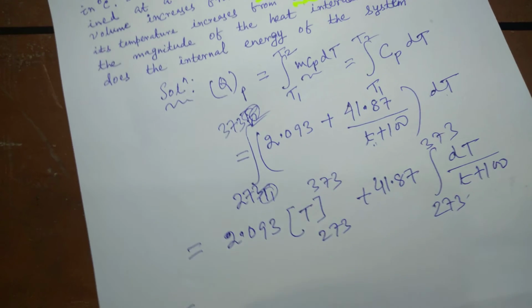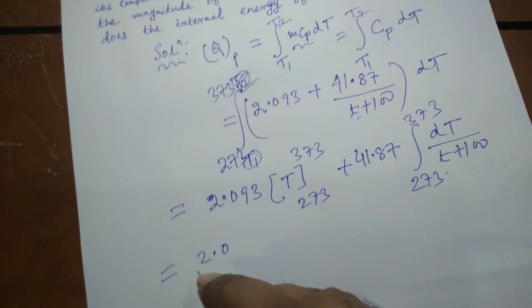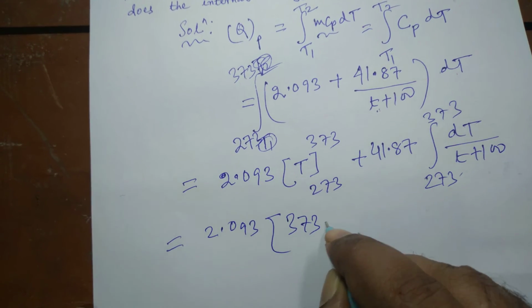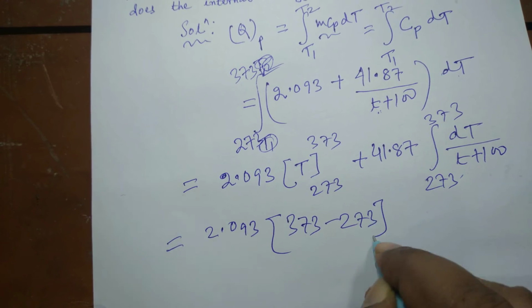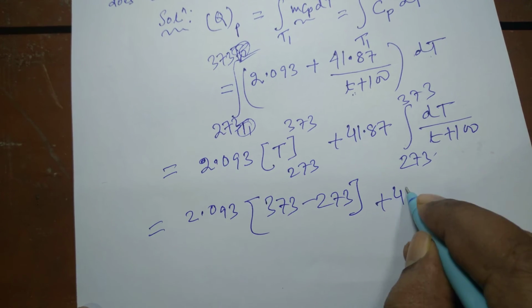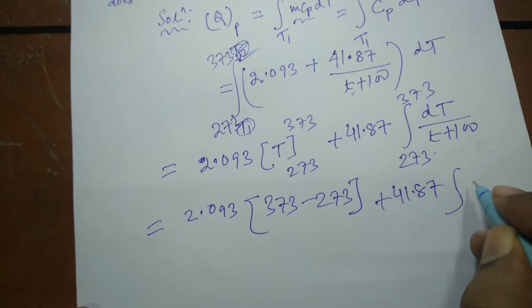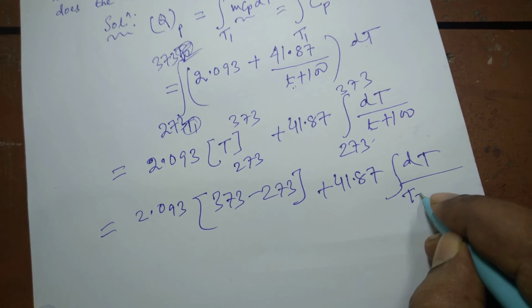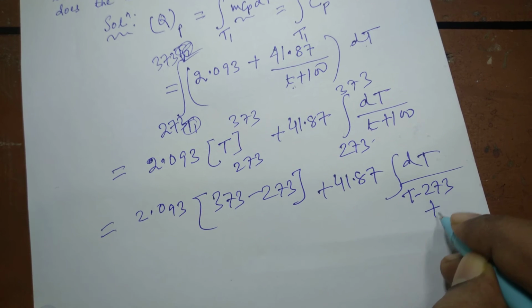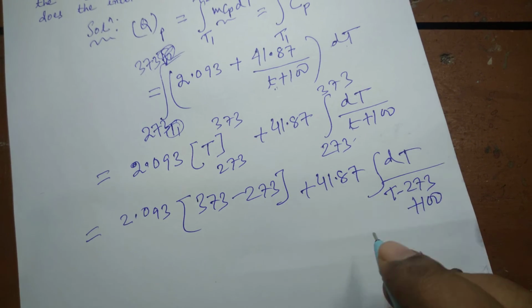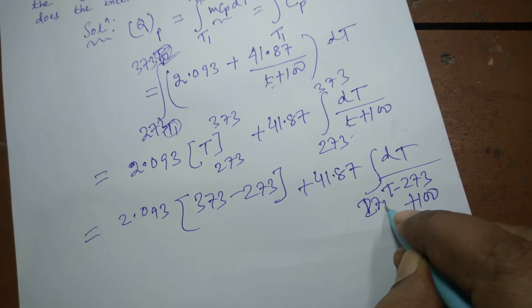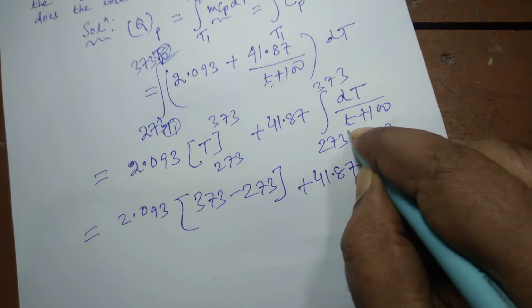So this would be 2.093 into 373 minus 273, plus 41.87 integral of dt. In place of t I can write t minus 273 plus 100, and the limit is from 273 to 373.